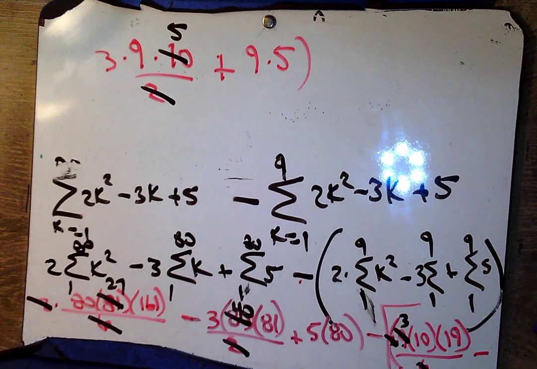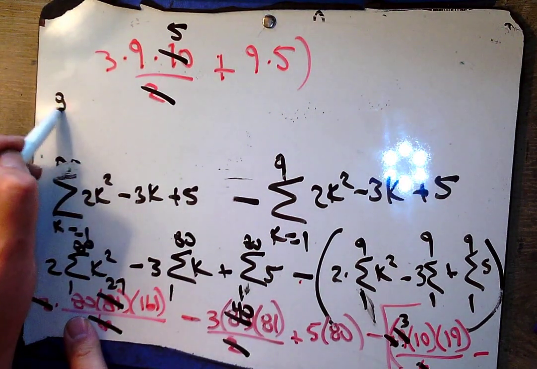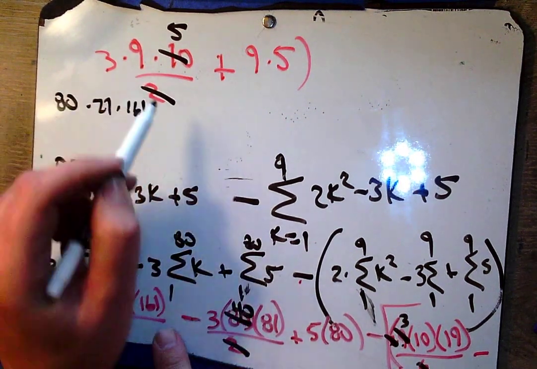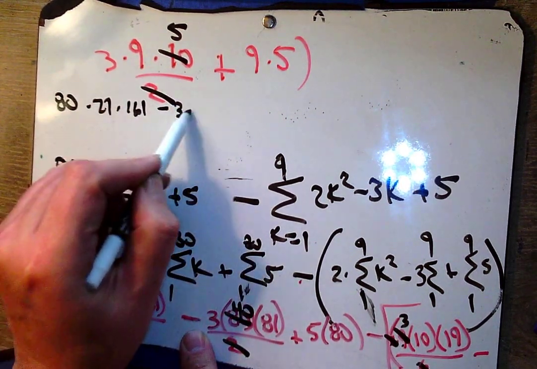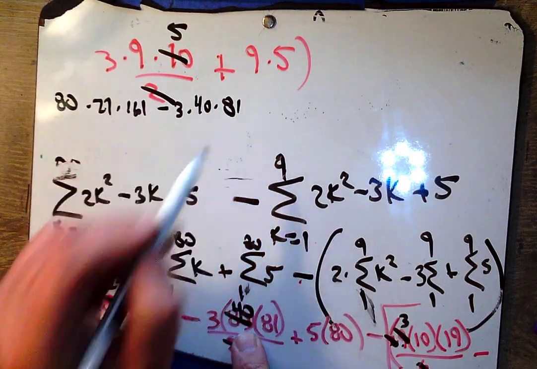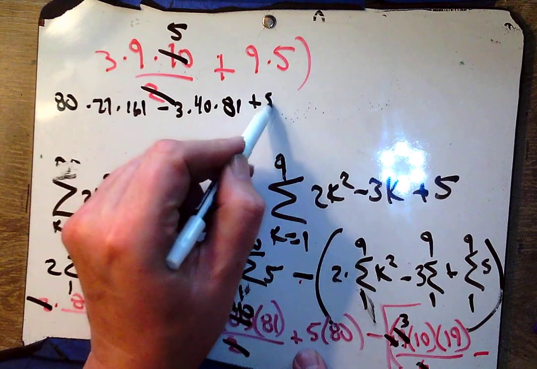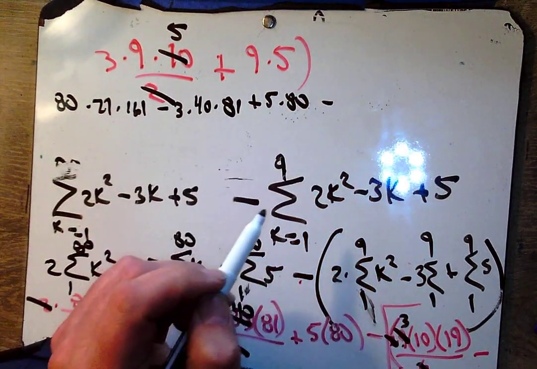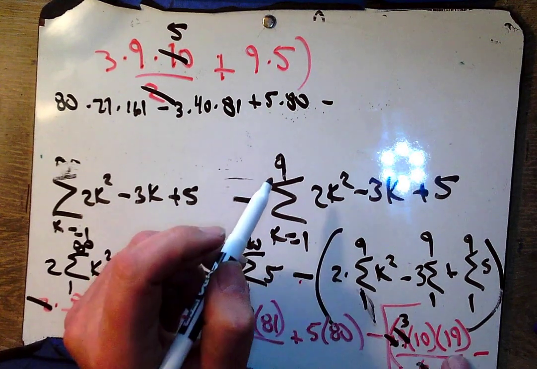Okay, so what am I looking at? I'm looking at 80 times 27 times 161 minus 3 times 40 times 81 plus 5 times 80 minus, and we've got 30 times 19.